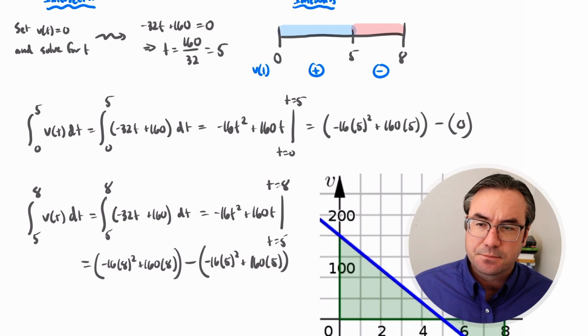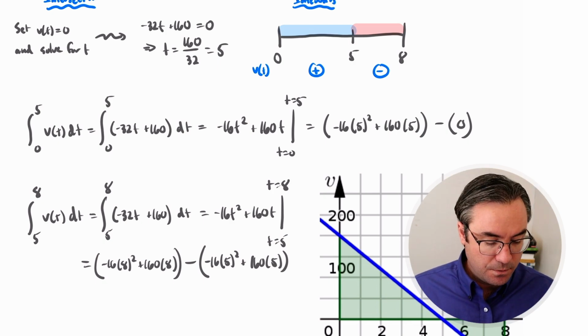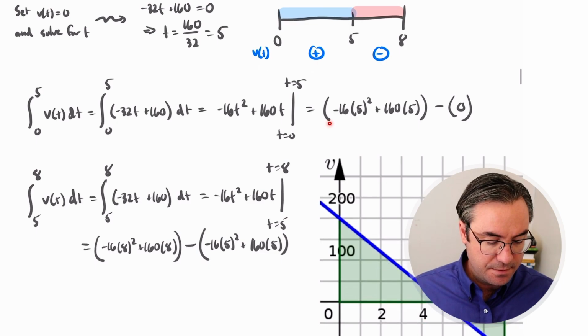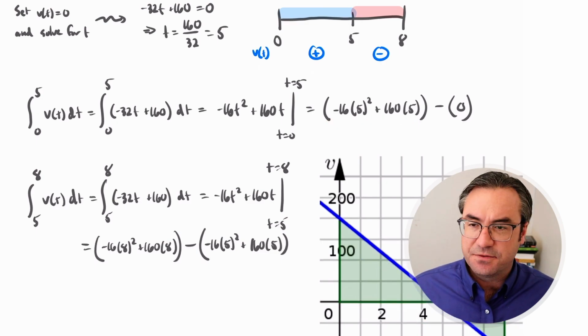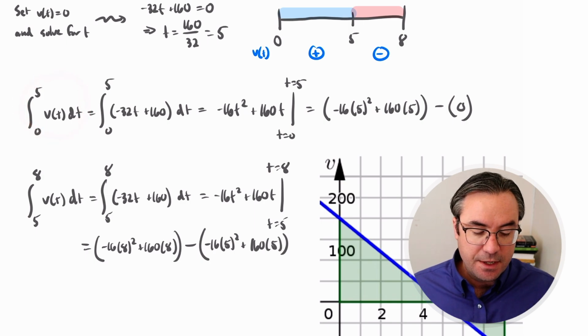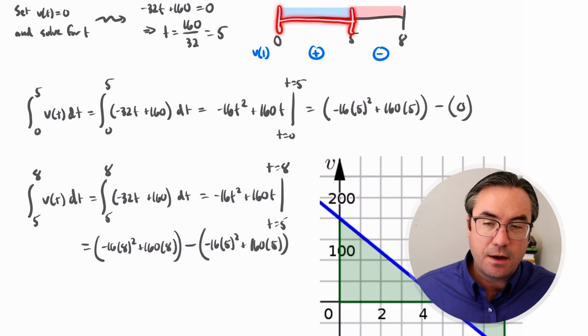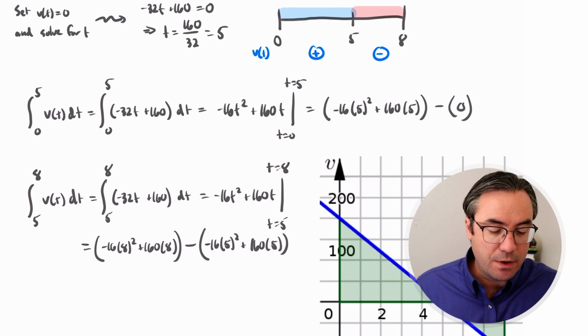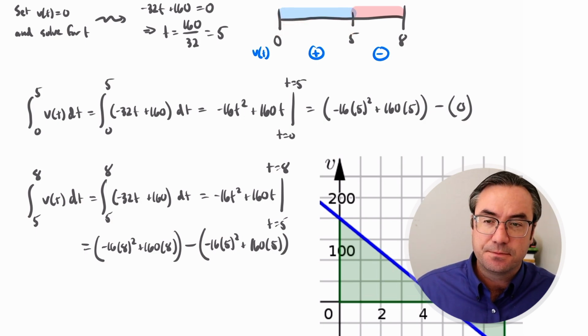All right. So what are these values? We have to do some interpretation. So this integral here is the integral over this positive interval when we're moving in the positive direction.